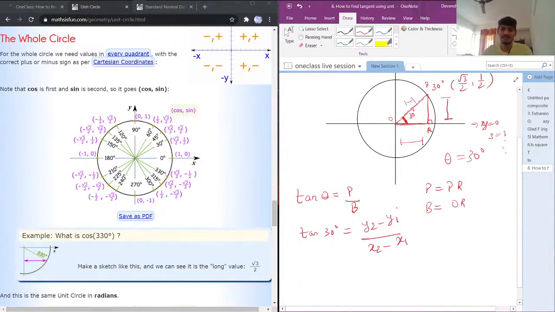But in the case of the unit circle with center at 0 comma 0, we have y1 and x1 as 0. So in this case we can write it as y2 by x2.